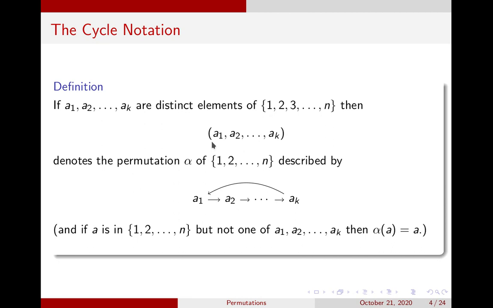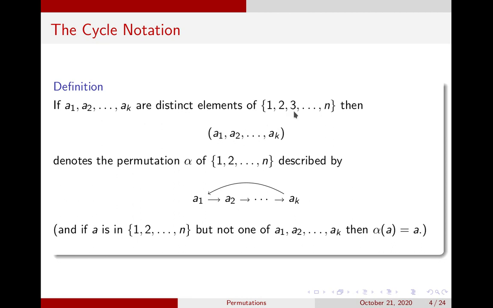So the permutation described by this notation, left parenthesis a1, a2, and so on through a sub k, sends a1 to a2, a2 to a3, and so on. a sub k minus 1 is sent to a sub k, and a sub k is sent to a sub 1.